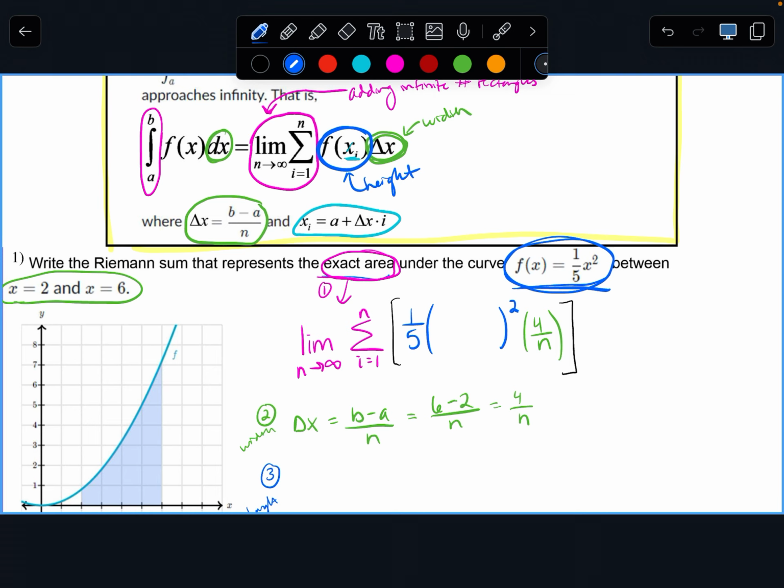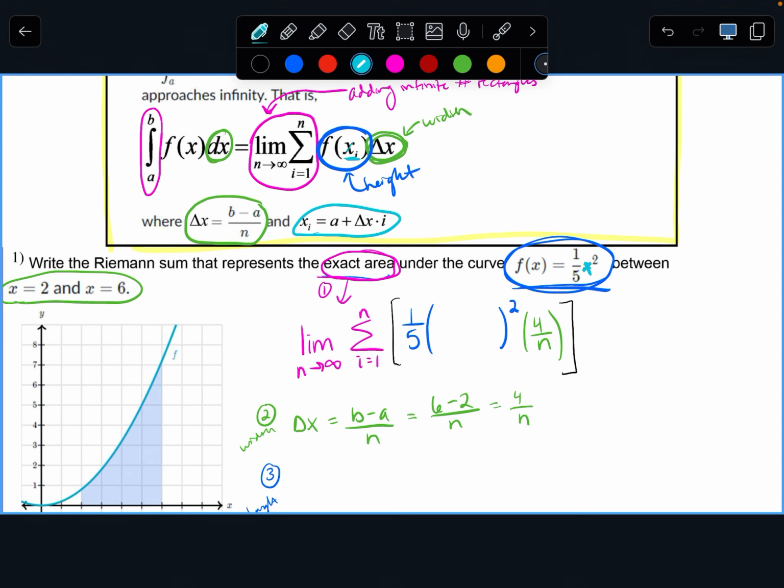What goes in there for my x is this fancy formula, this x sub i thing. Because as you generate all your rectangles, your x changes because you're moving along the curve. You're plugging in different x values to get all your heights. So in order to account for that, you come up with this kind of an expression.